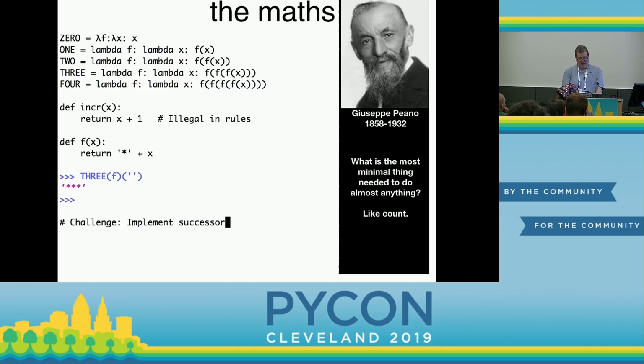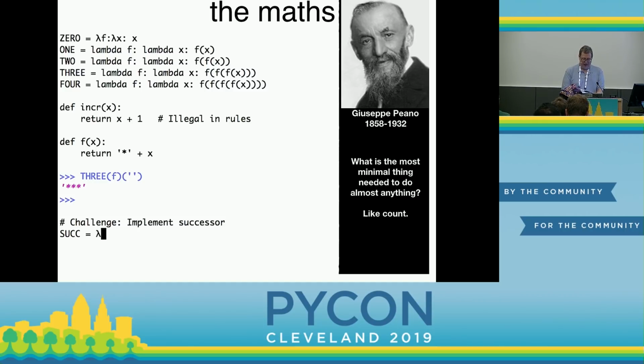is implement successor. Can you write a function that would take a number and get you to the next number? This is typed out as suck, by the way, S-U-C-C. So we're going to have a function successor.